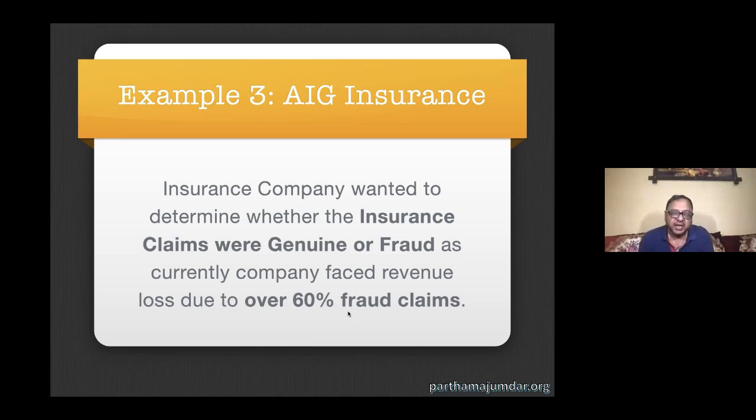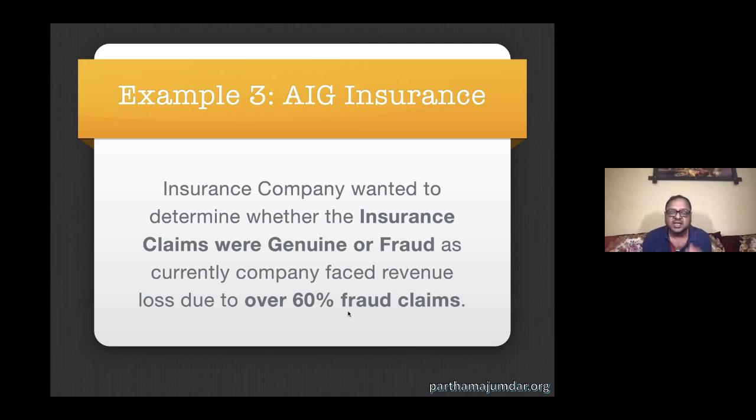IBM System T has a language. People who are familiar with databases will know that there is a language known as SQL, Structured Query Language. IBM System T also has a language like this, known as AQL, Annotation Query Language. In AQL, we gathered all the historic claims documents, and the insurance company had classified which claims documents were fraudulent and which were genuine.